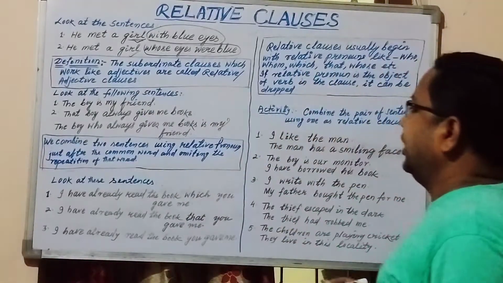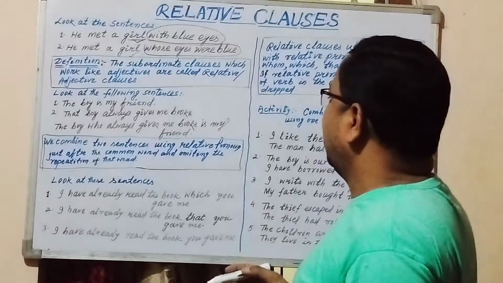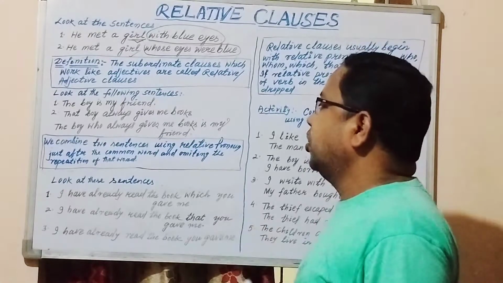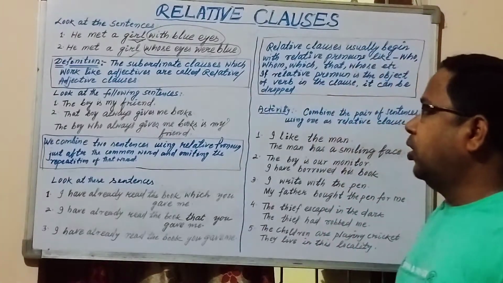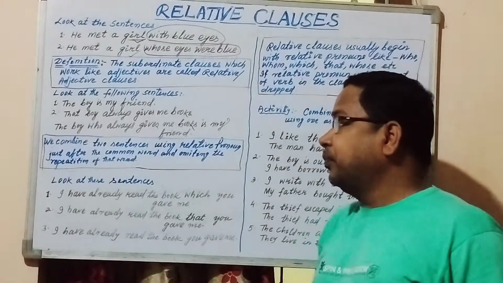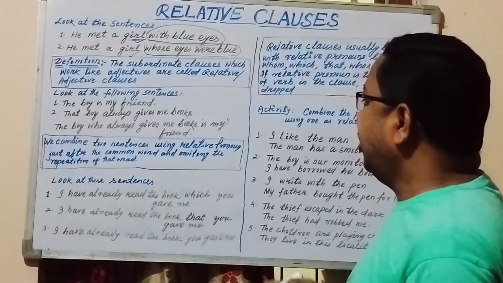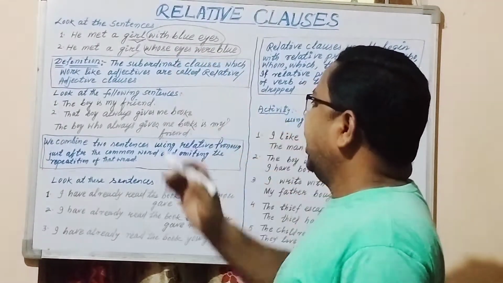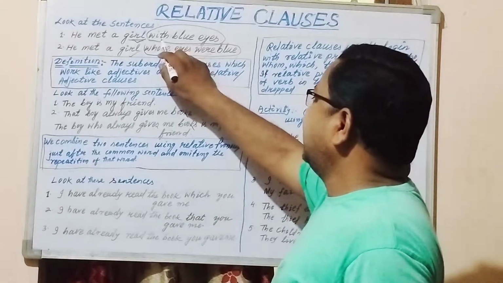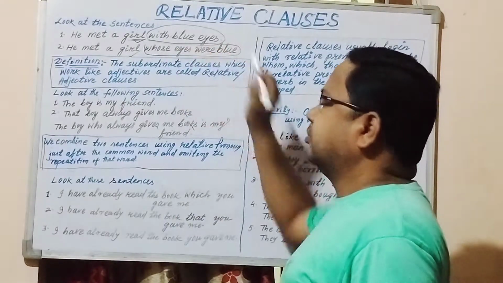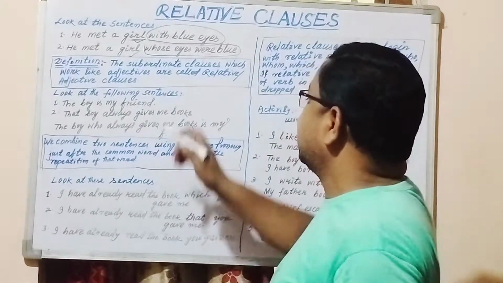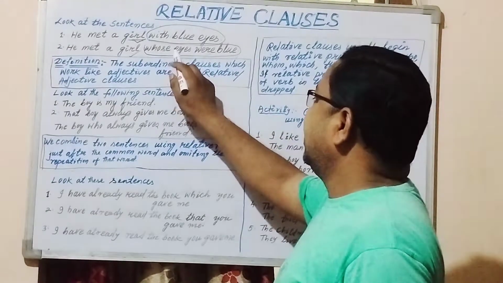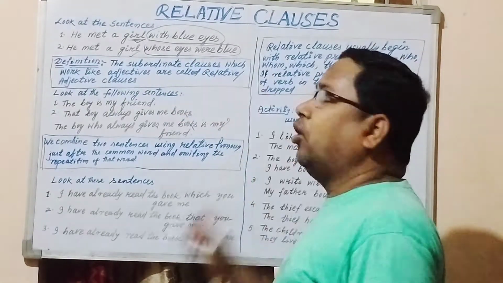So we can say that a subordinate clause which works like an adjective is called a relative clause or adjective clause. Clause and phrase are different. A phrase is just a group of words, but a clause is a part of a longer sentence which has a subject and a predicate of its own.